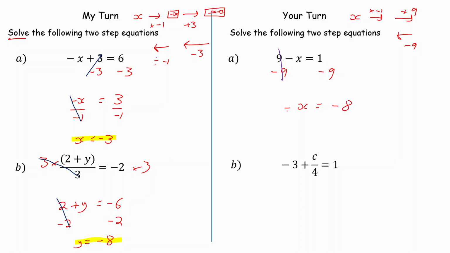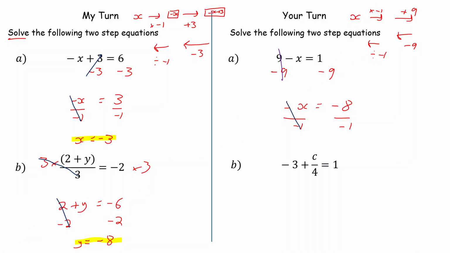So you've got -x being equal to -8. The opposite of timesing by -1 is to divide by -1. So we're going to divide this by -1 and divide this by -1. And that's good, because then these guys are going to cancel. Timesing by -1 divided by -1, they cancel.